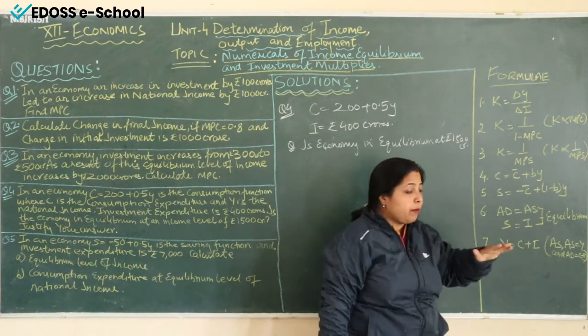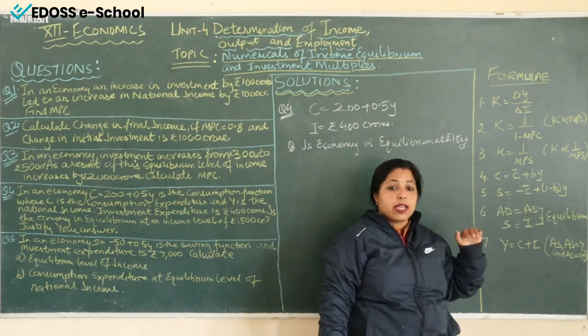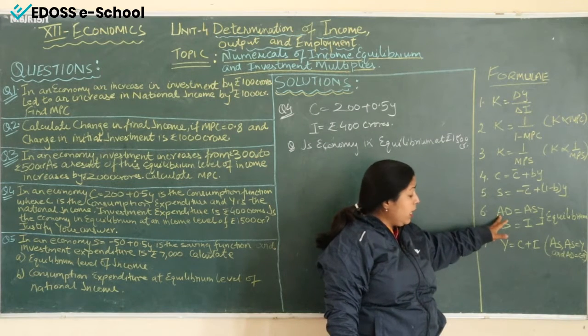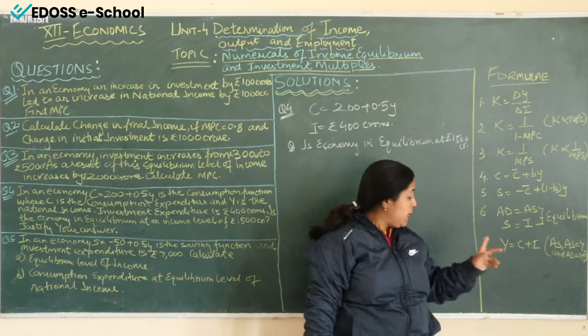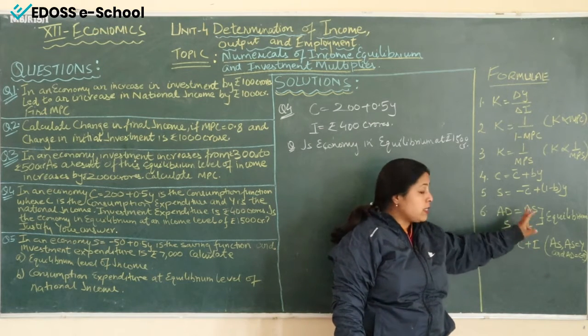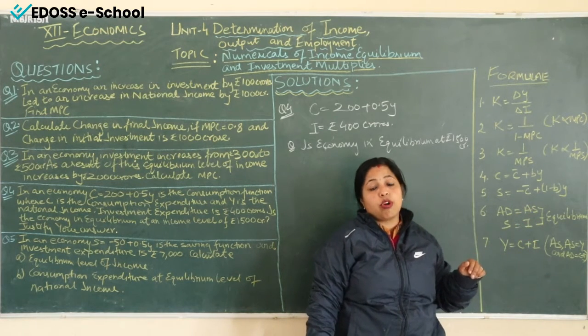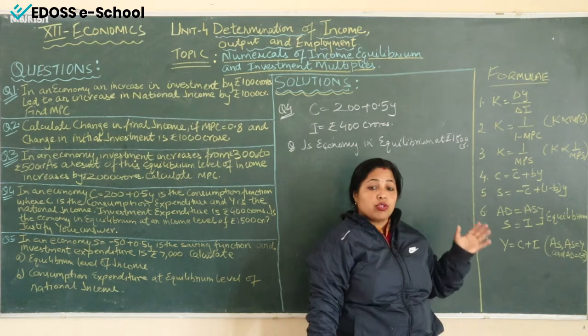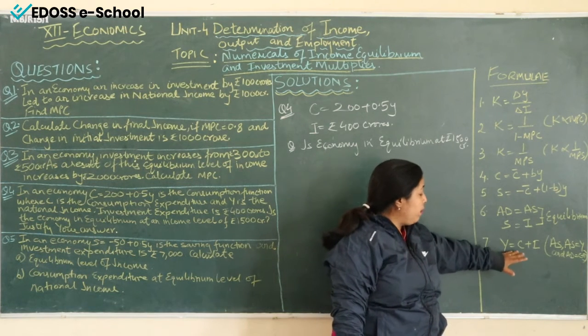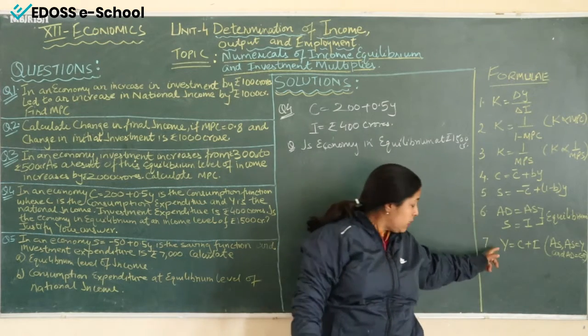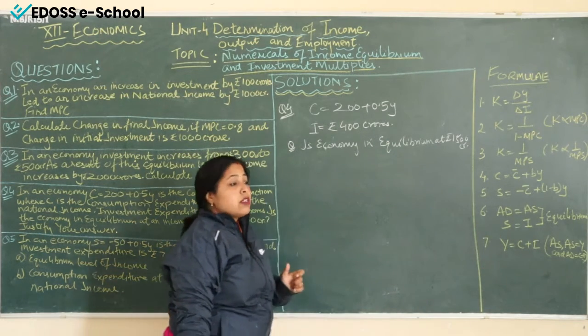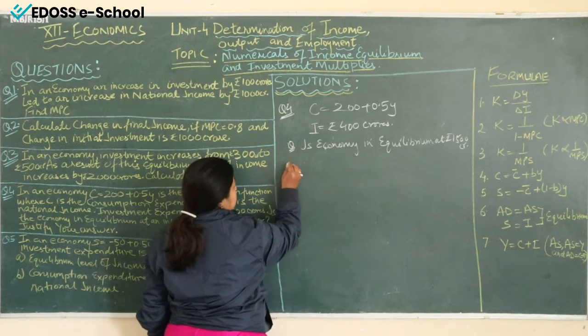So, at equilibrium AD is equal to AS. Now, see, AD is the components of AD, what we have studied, they are C plus I. And AS is aggregate supply, it is also called as income level Y. So, at equilibrium level Y will be equal to C plus I. This is the equation. So, we are going to make this equilibrium equation to solve this sum. So, let us do it.